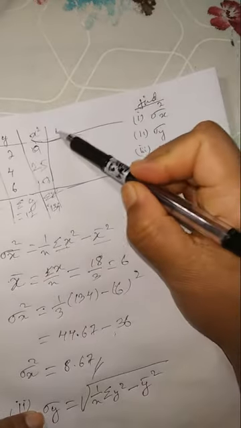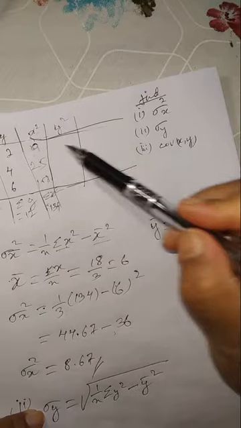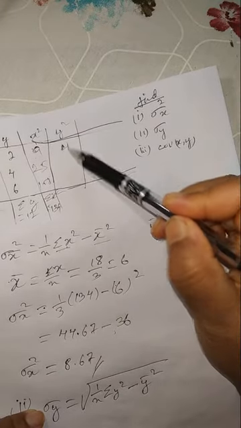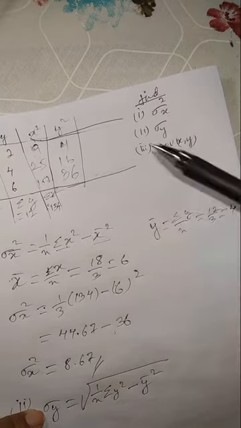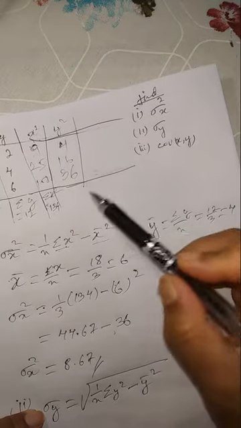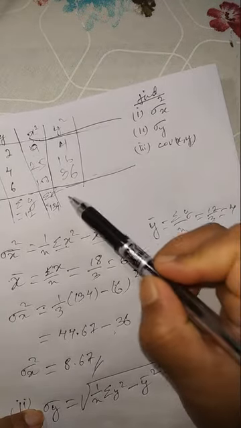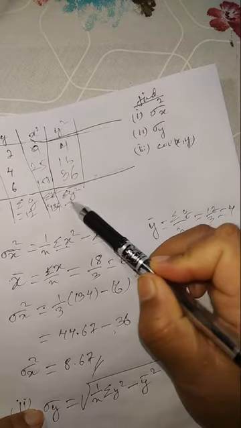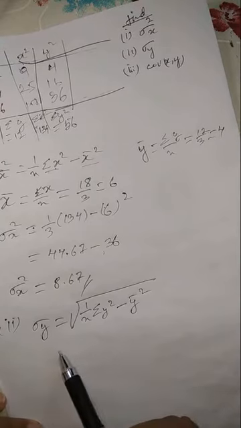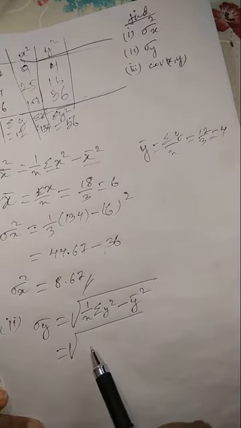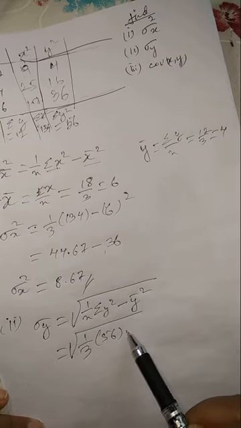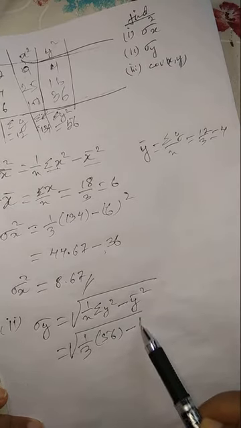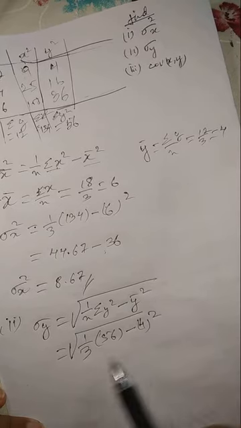So let's do y square. 2 2s are 4, 4 4s are 16, 6 6s are 36. So summation y square is equal to 56. Okay, so now apply it in the formula. Remember the root. 1 by 3, 56 minus 4 square.